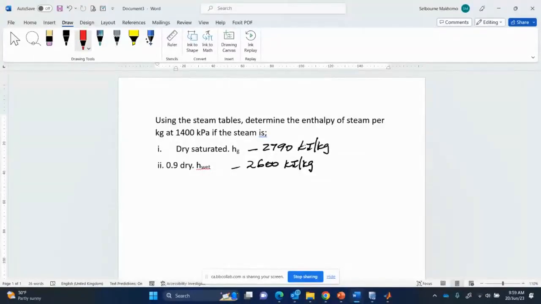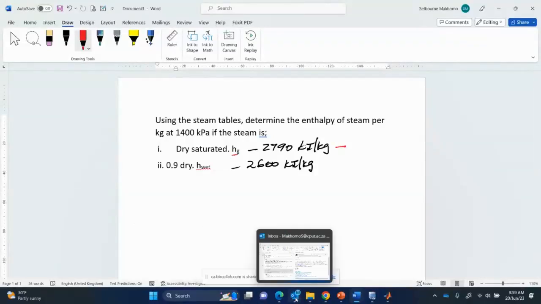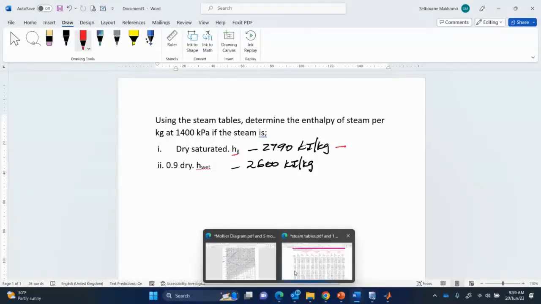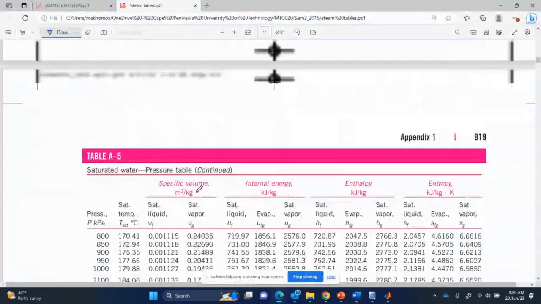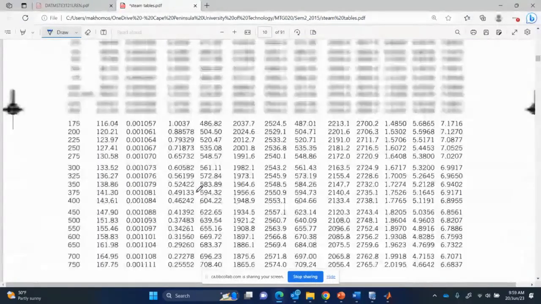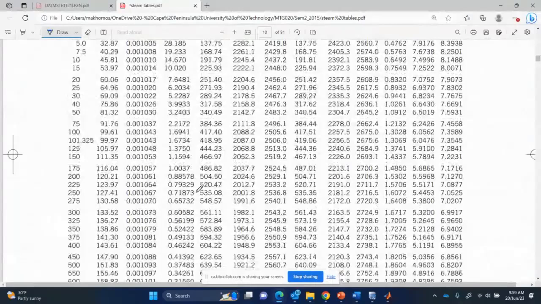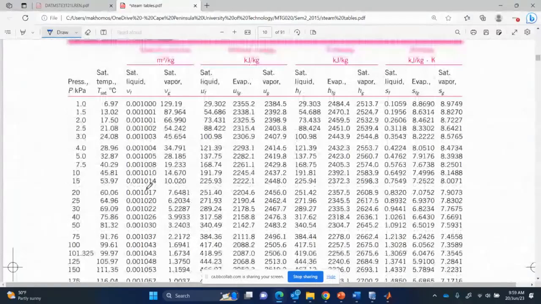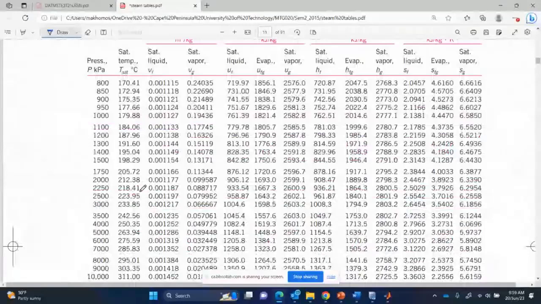Now let's move on to the tables. Now we want exact answers, not approximate answers. Now we are going to the steam tables. At 1400, we determine hg. Here is the table. Because the steam is dry saturated, we use the pressure table. Where is 1400?